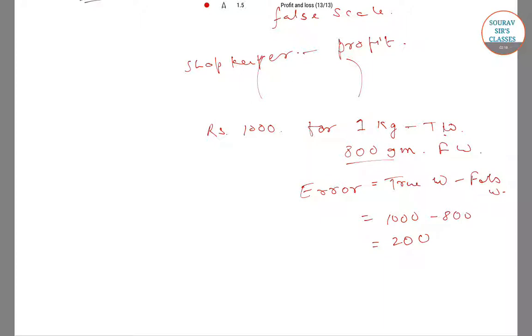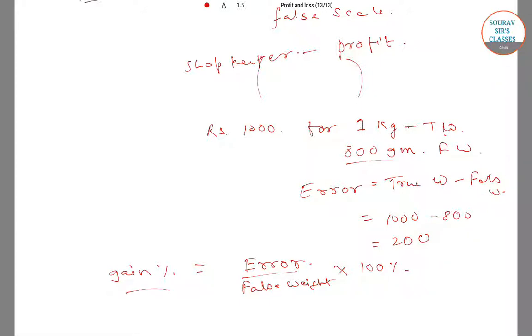And the gain percentage would be error divided by false weight into 100%. This would be the shopkeeper's gain percent.